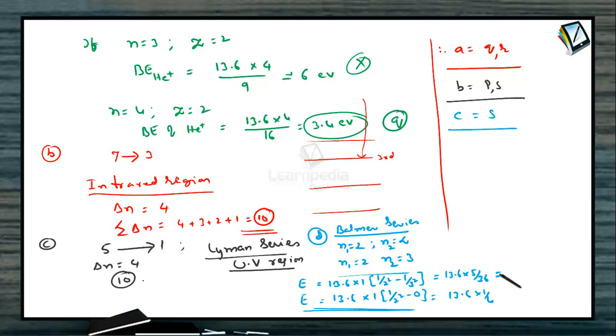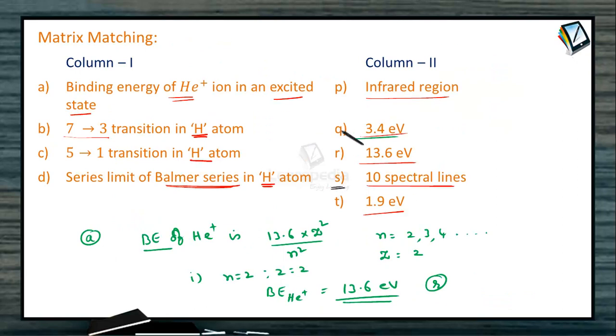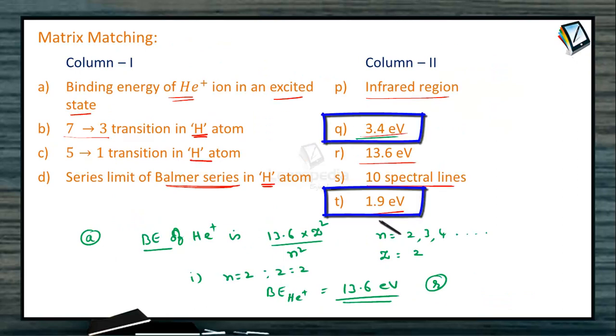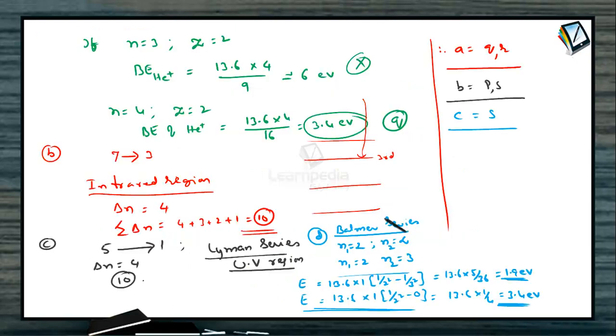Thus the respective values are 1.9 electron volts and 3.4 electron volts. Here we have 3.4 as Q and 1.9 as T. So D goes with QT. This is how we need to work out matrix match type questions.